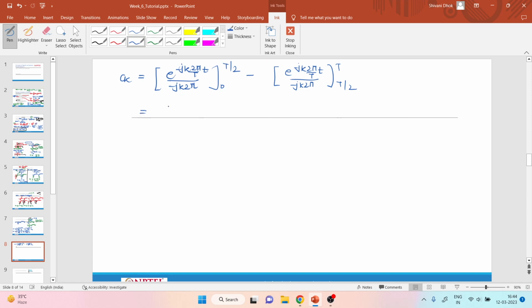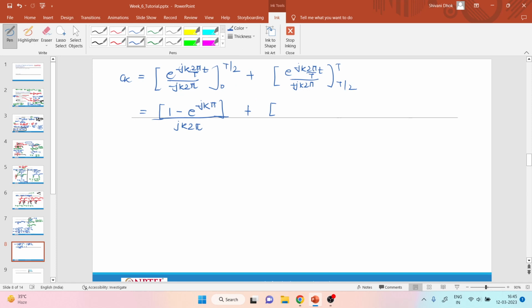Now this I can write as 1 minus e power minus j k, this T by 2 I can substitute here, so it becomes j k pi upon j k 2 pi, minus, or I'll just take this sign outside, this becomes plus.